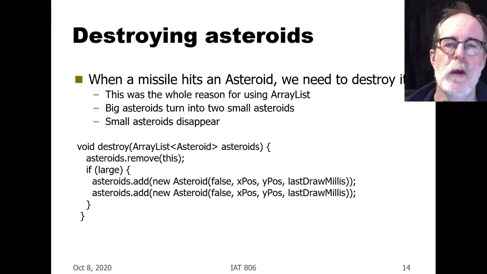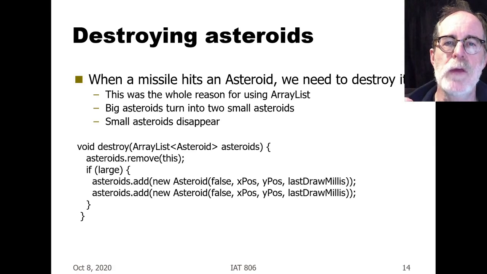But really, what's going on is you need a means to refer to your own object, and the keyword this is the means to do that. So the first thing it does is remove this from the ArrayList. That doesn't mean that this asteroid disappears immediately. It just means that it's no longer in the ArrayList.